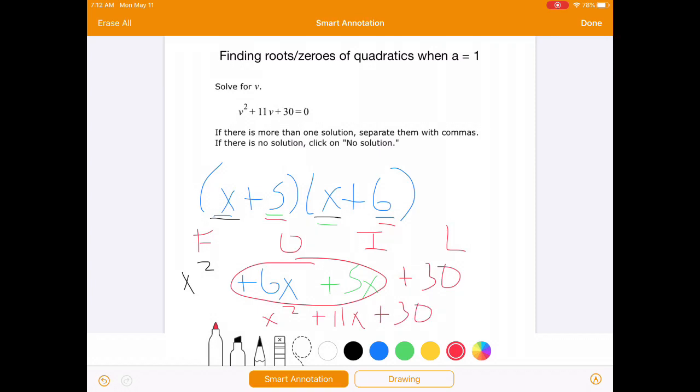So the FOIL method is kind of what we're looking at here, except we're going in reverse. We're trying to figure out how we can take this trinomial, which you'll notice is exactly what I came up with, not by coincidence. We're trying to take that FOIL method but go backwards and get this product of binomials, x plus 5 and x plus 6, except this example uses v's. So that's going to be the first step, and I'm going to walk through once again how we do that.